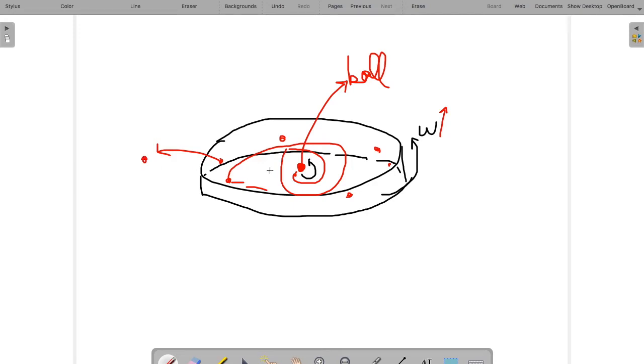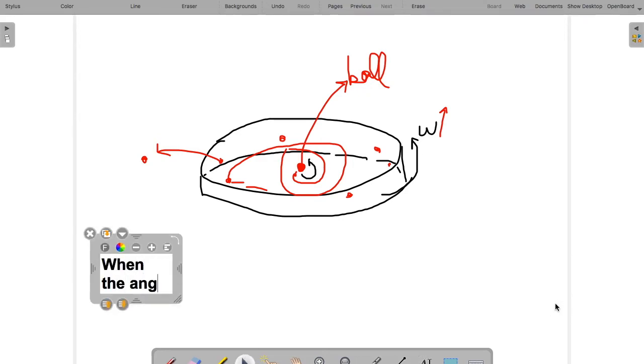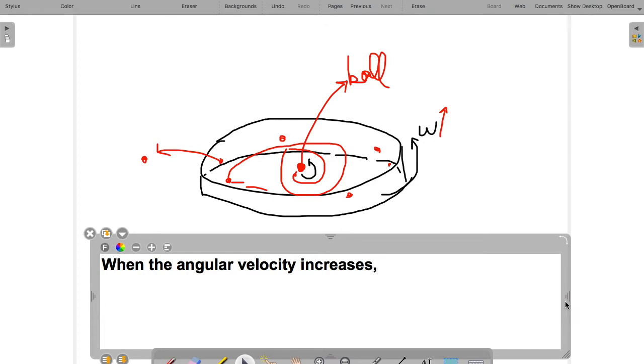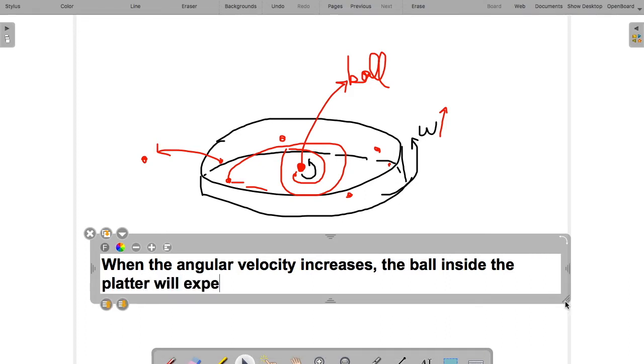But the question is, what makes the ball turn around and go to the sides of the platter and even go out? Well, when the rotational speed or angular velocity increases, the ball inside the platter will experience a force that pushes it away from the center.